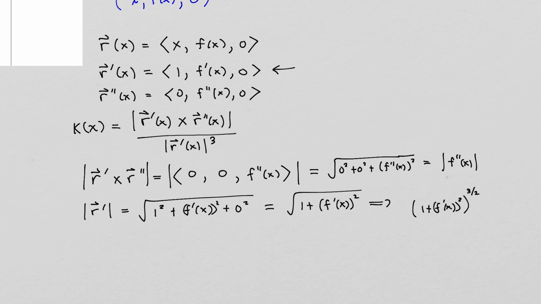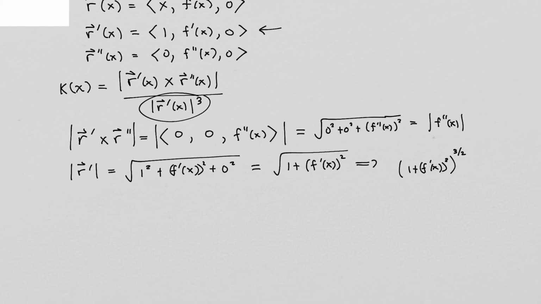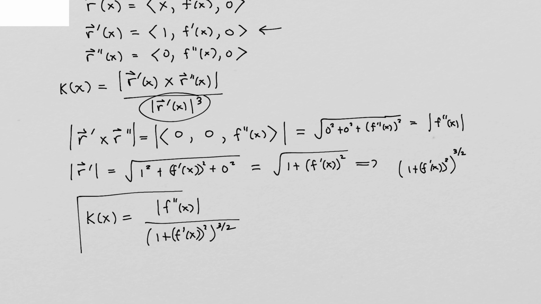All right, so that is what this quantity will end up being. And what we get is the curvature as a function of x is going to be the absolute value of the second derivative of x divided by 1 plus f prime of x squared quantity to the 3/2 power. And this is a way of measuring the curvature of a regular function, y equals f of x.